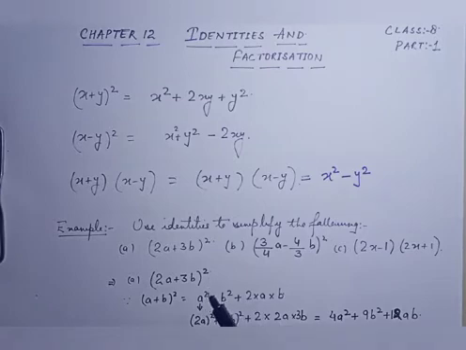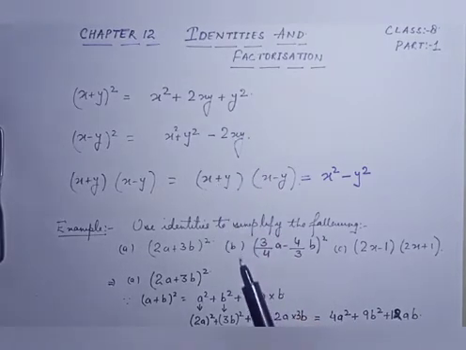Now in place of a square we are going to write (2a) square, in place of b square we are going to write (3b) square, plus 2 into, in place of a we write 2a, into, in place of b we write 3b. So (2a) whole power 2 is equal to 4a square plus (3b) whole power 2 is equal to 9b square plus 2 into 2 into 3, that is 12ab. I hope the first example and all the identities are clear to everyone.